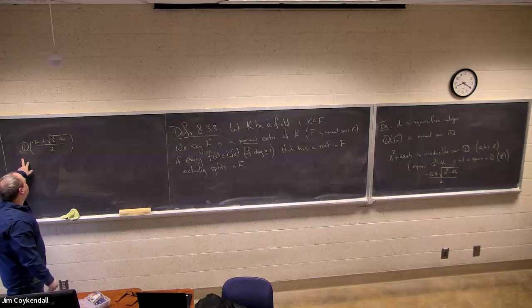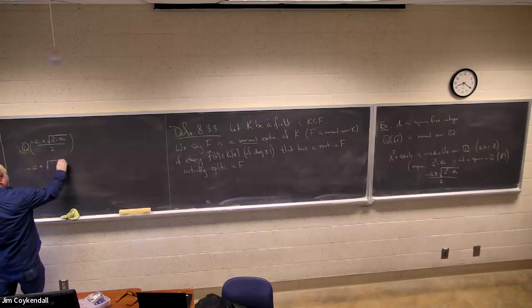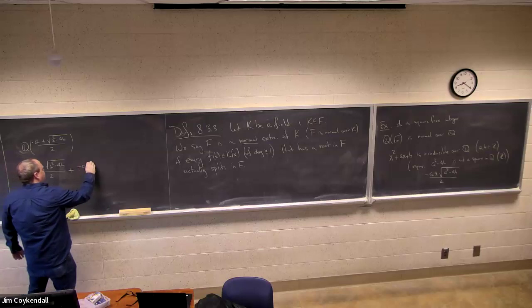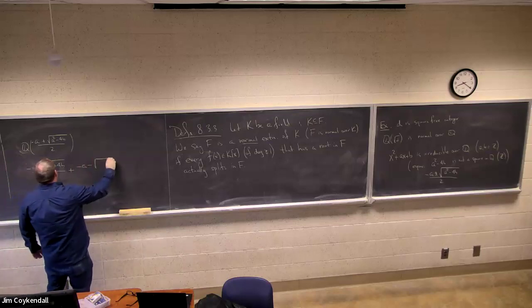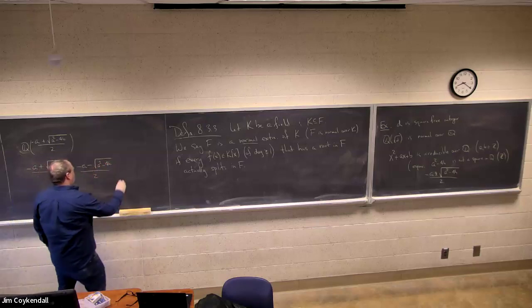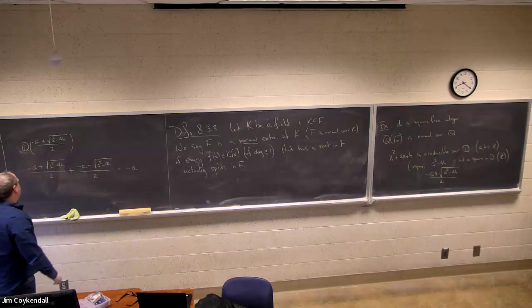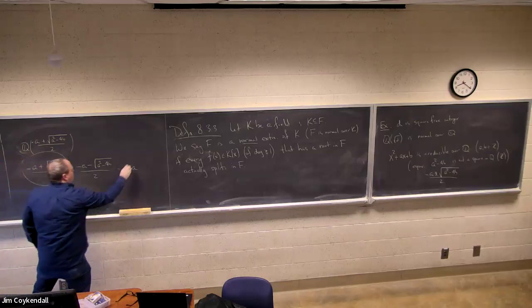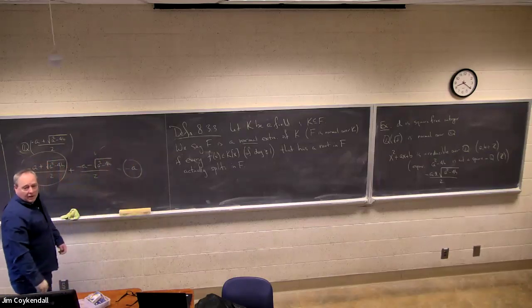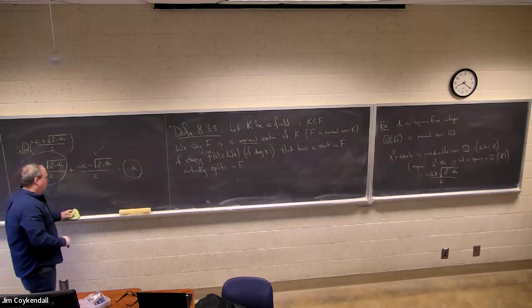Because the sum of the two roots is equal to negative a, is it not? That means if you have this one, you've got that one. So these extensions are normal.